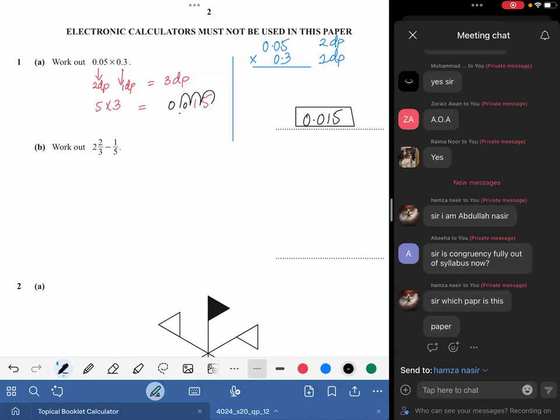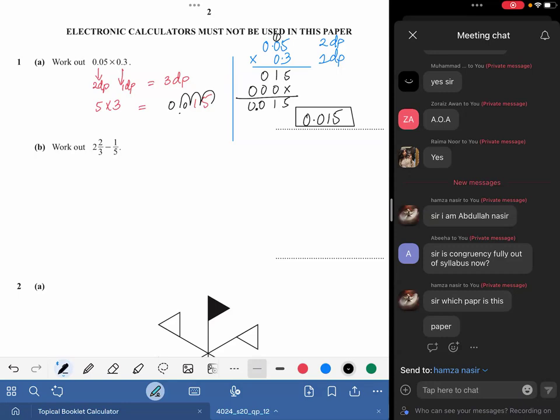So 3 fives are 15, 1 goes up, 3 zeros are 0, and 1 goes down. 3 zeros are 0, that's it. Now cross, 0 fives are 0, 0 zeros are 0, 0 zeros are 0. So write 5, this is 1, 0, 0. 2 plus 1 is 3 decimal places. So that is the other technique for how to multiply this particular question. Beta, this paper is May June 2020 paper 1 2.